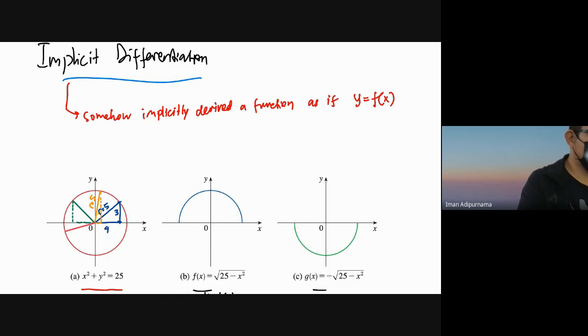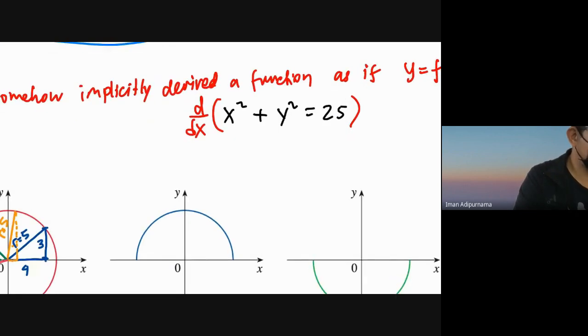Okay. So if we have x squared plus y squared equal 25, if we want to derive the whole thing with d dx, then x squared just becomes 2x, plus y squared. Let's just treat y as x, so 2y.